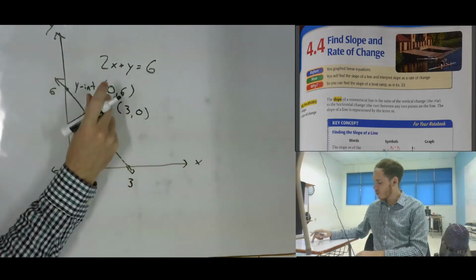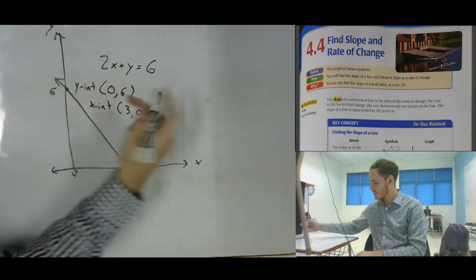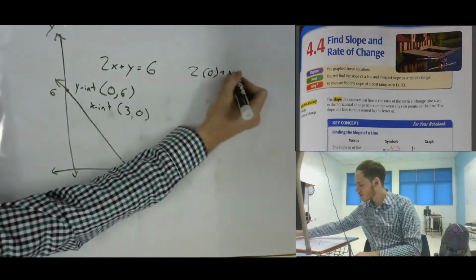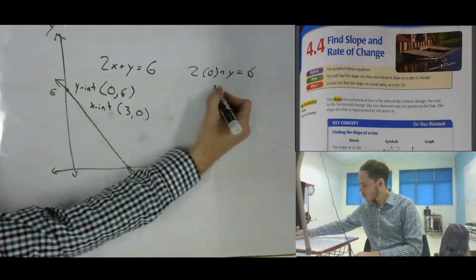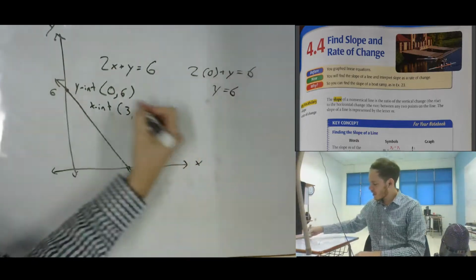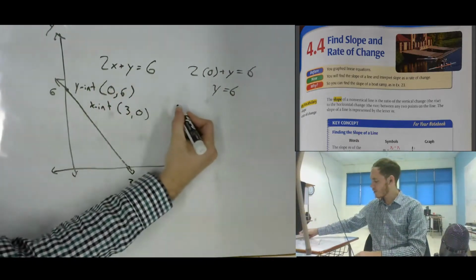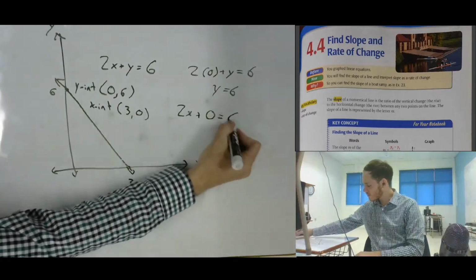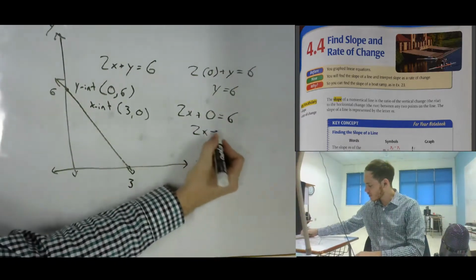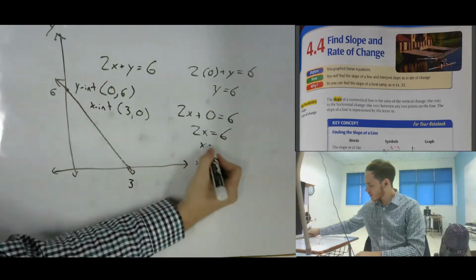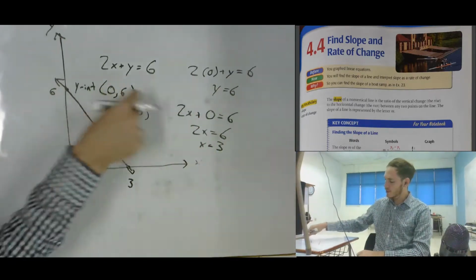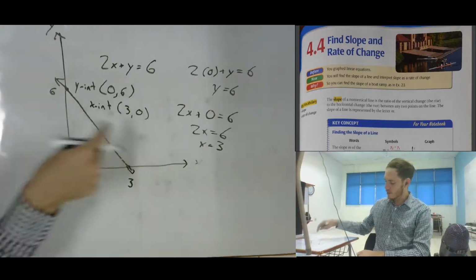For the y-intercept you plug in 0 for x, so y equals 6, and for the x-intercept you plug in 0 for y, so you get 2x equals 6, x equals 3. So our answer is (0, 6) and (3, 0).